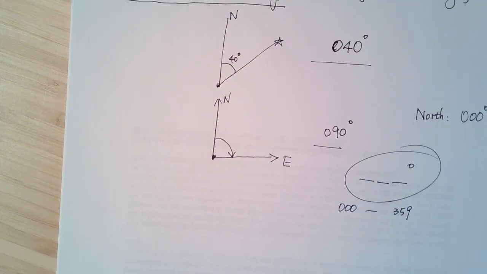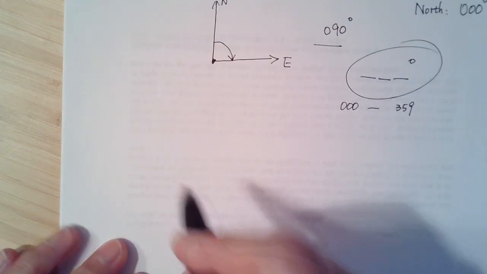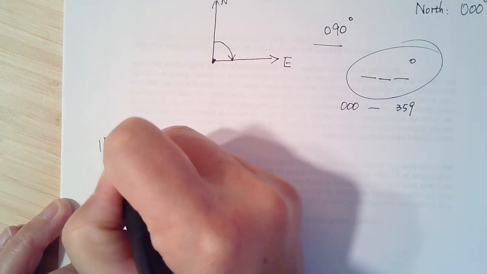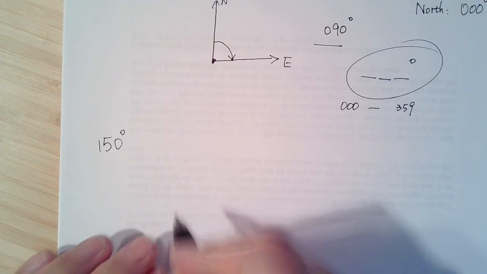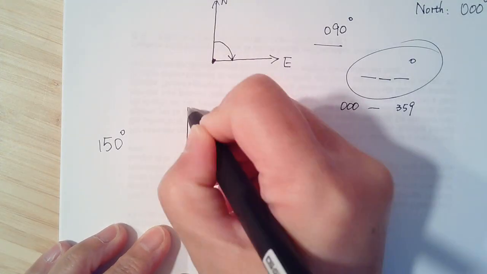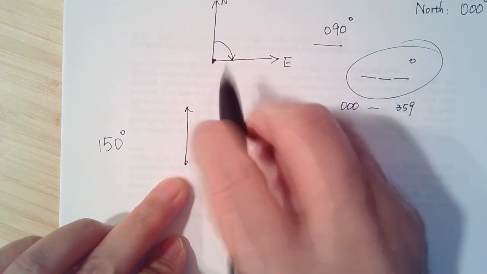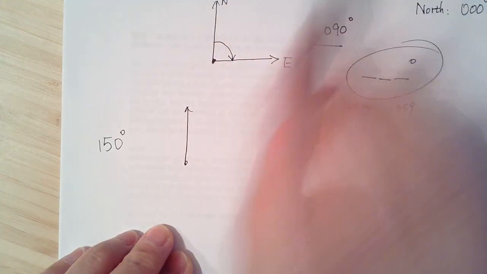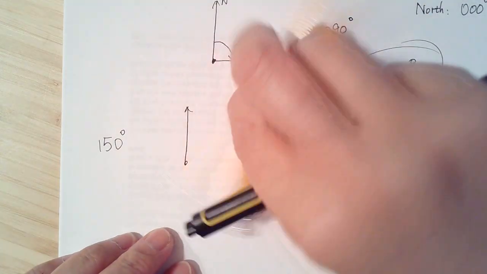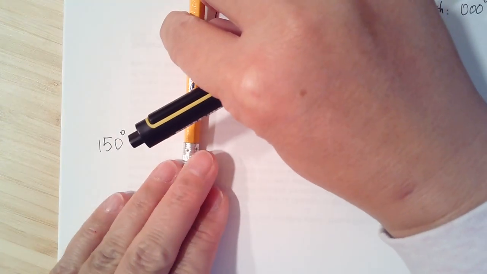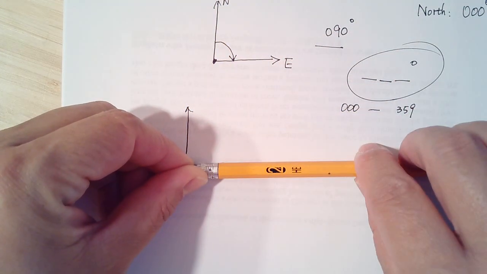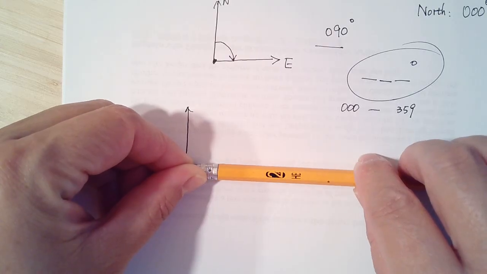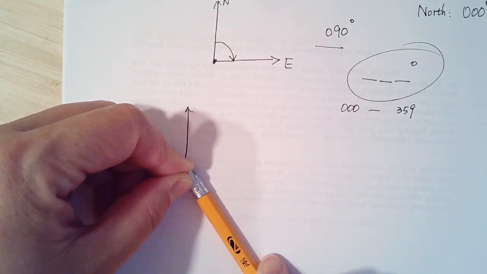Okay, let me give you a quick quiz. How do you describe 150 degrees in the bearing system? You're going to start from here. This is your north, right? So if you move your pencil by 150 degrees, which is this 90 degrees, and then keep going another 60 degrees, it's somewhere around here.